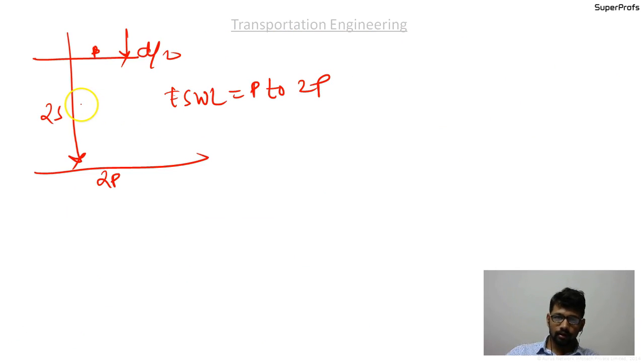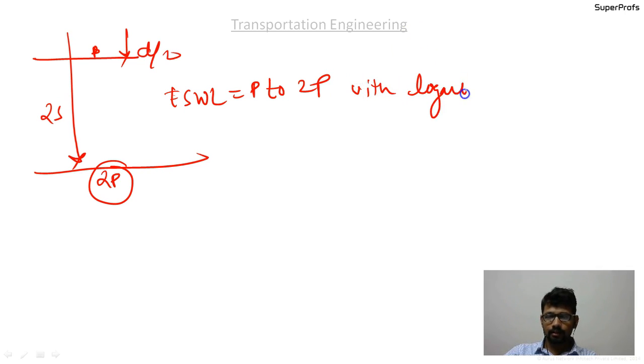So it is between p to 2p with logarithmic variation.